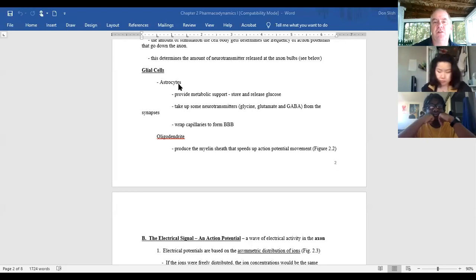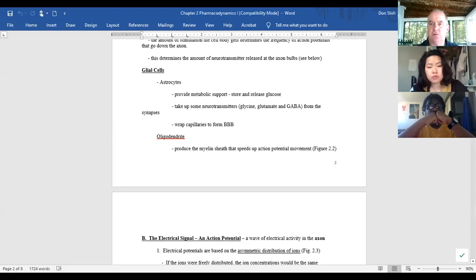Some neurons will release glycine, glutamate, or GABA, and the astrocytes will take them up and then recycle them back to the neuron. And they're wrapping around, forming the blood-brain barrier. That's your astrocytes. And the oligodendrites then are producing the myelin sheath for the myelination.